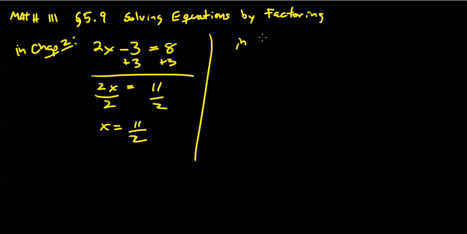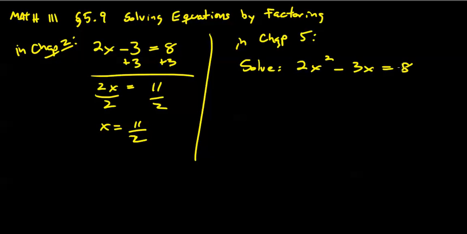Let's say in Chapter 5, in particular in Section 5.9, we're going to ask you to solve something like this: 2x squared minus 3x equals 8. A somewhat similar looking thing to the first example we gave you on the left, but we've got some trouble.